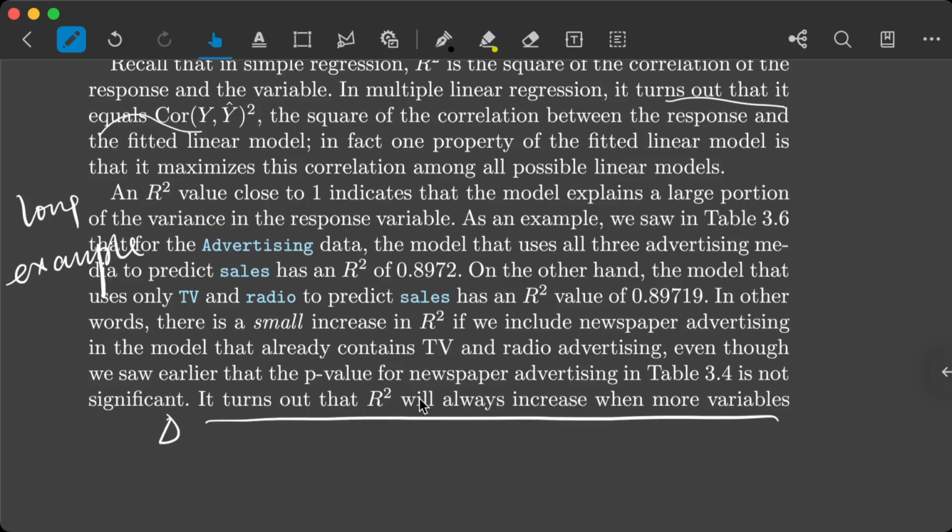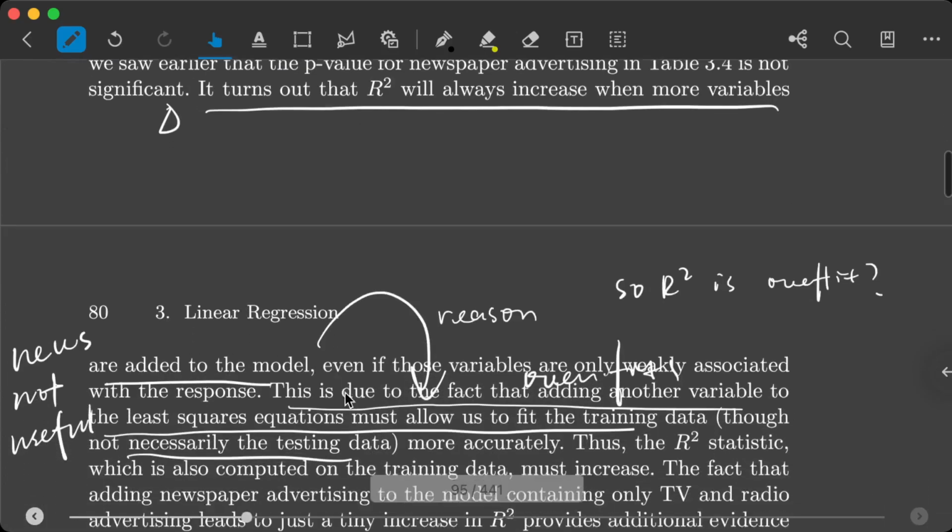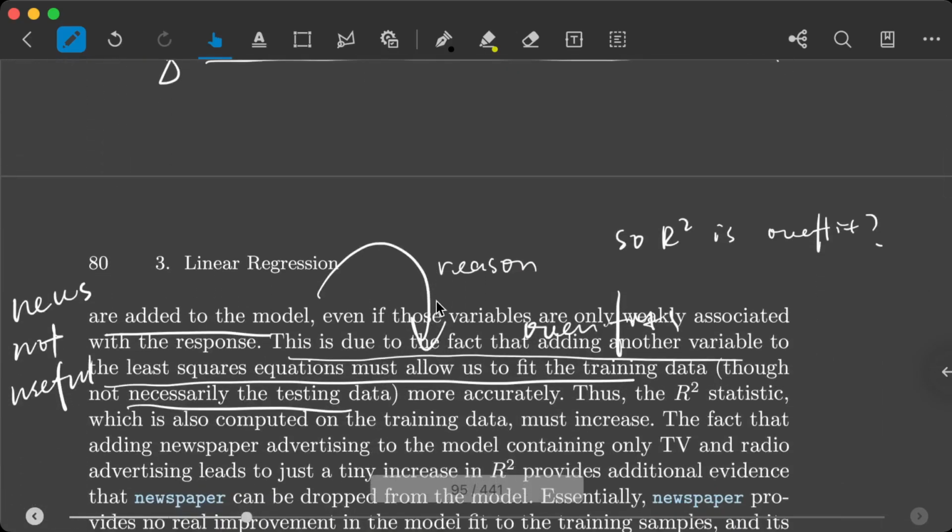The first one is that R-square will always increase when more variables are added to the model. Even when you add some noise into the model, we will get a higher R-square. But does it mean that this variable is useful? Actually, no. R-square is connected to overfitting because it's calculated based on how much of the variance we explain on the training data.